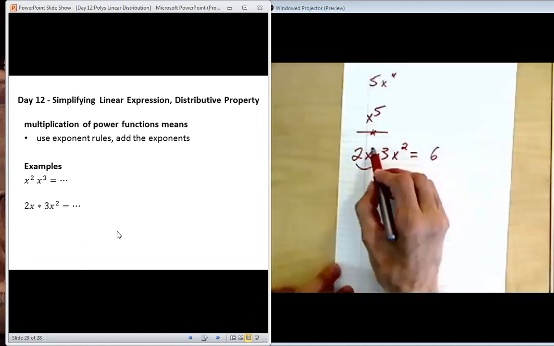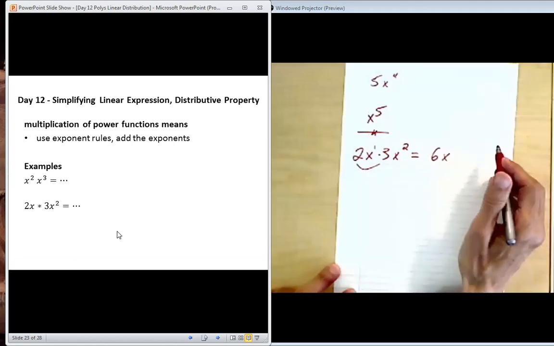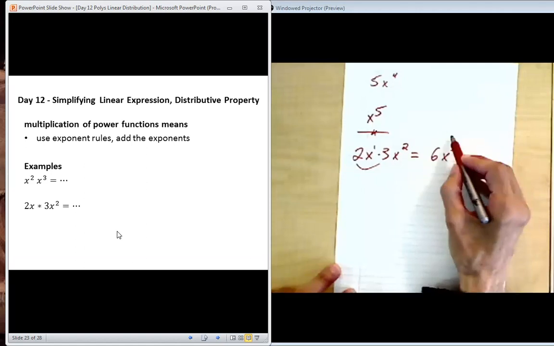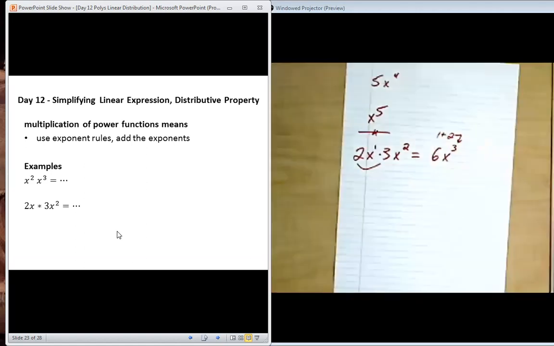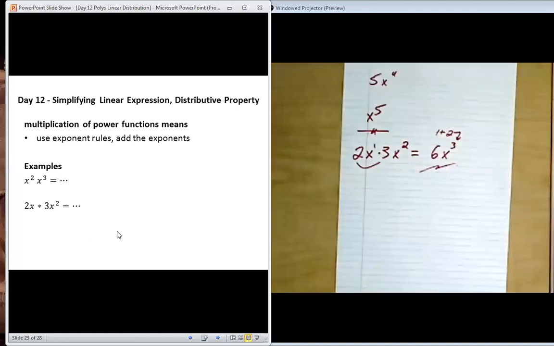And that's the invisible 1. So the exponents on x will be 3, add them up. Yep, add them. When multiplying, add the exponents.